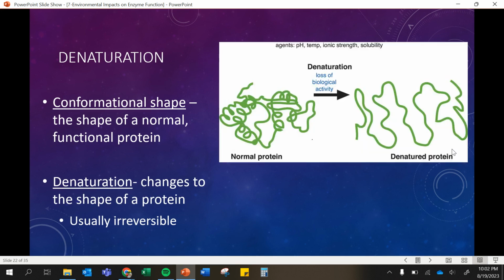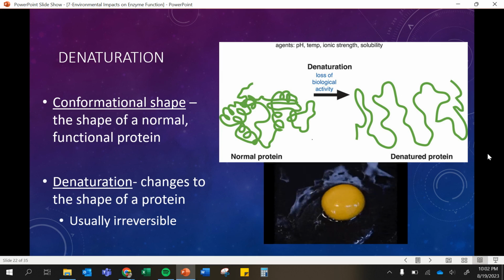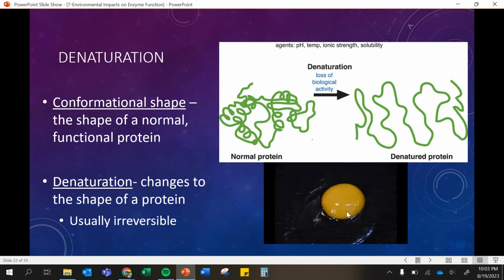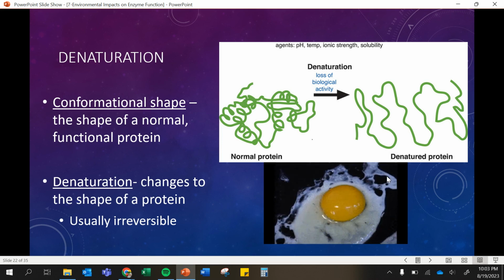It's usually irreversible. So here we have a normal protein. It is folded in lots of different ways, and then it's denatured and it's all loose and we have lost that folding. This is what happens when we cook an egg. That white is actually denatured protein. That's why we can't reverse it. So we are denaturing that protein.